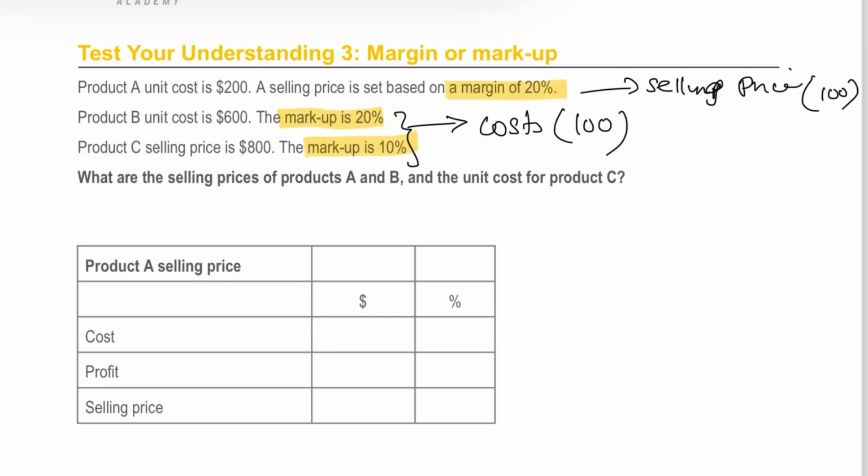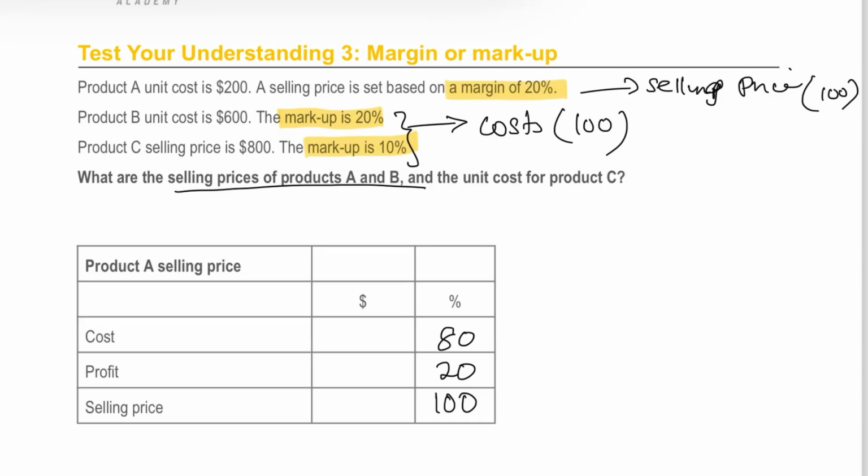So based on that, what are the selling prices of product A and B and the unit cost for product C? So in percentage, product A is based on the selling price. So that means this will be 100. 20% means profit will be 20, cost will be 80.